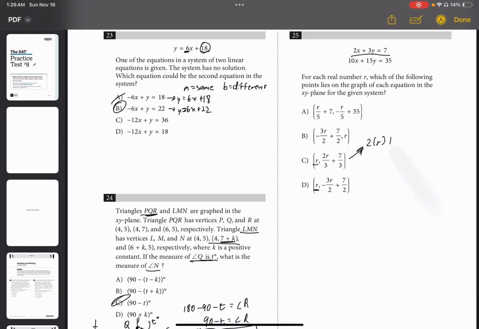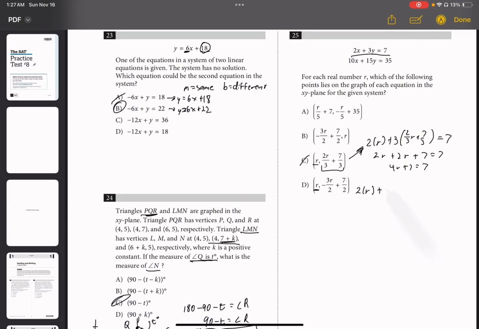So we get 2 times r plus 3, and then plug in our y value, which is 2 over 3r plus 7 over 3, is equal to 7. So we get 2r plus 2r plus 7 is equal to 7. So 4r plus 7 is equal to 7. We have r's left over, so we're going to eliminate that answer choice.